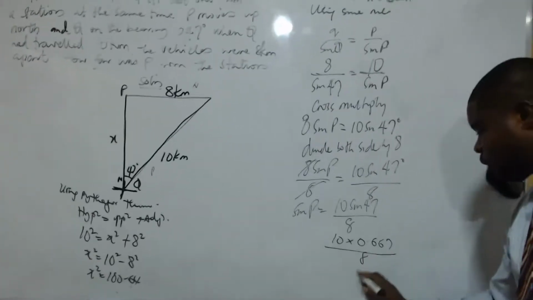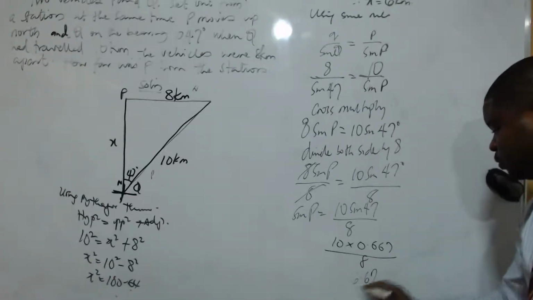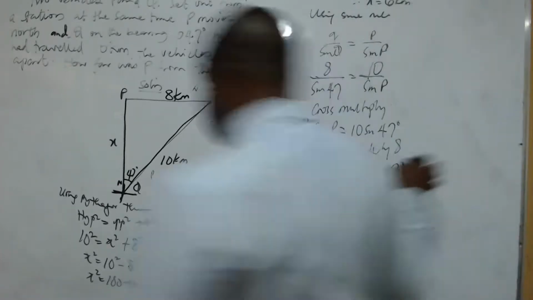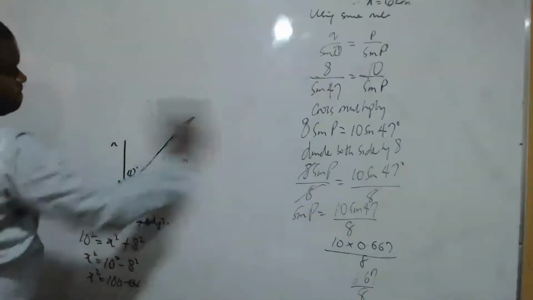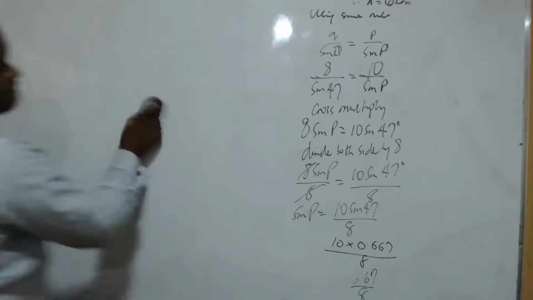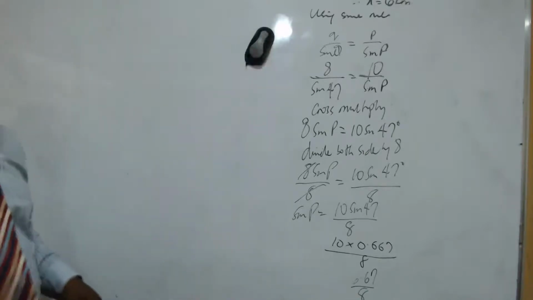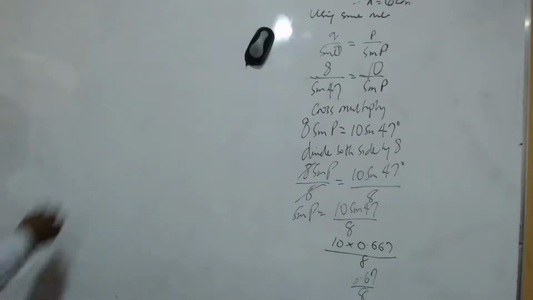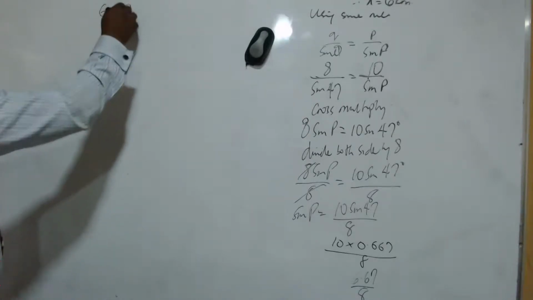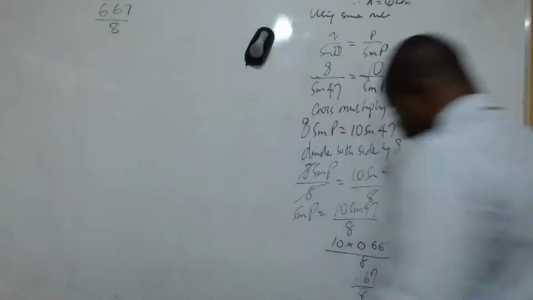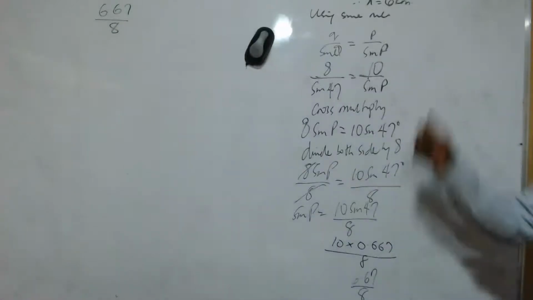So we're going to have 6.67 divided by 8. That would be the value you are asked to answer in the question.